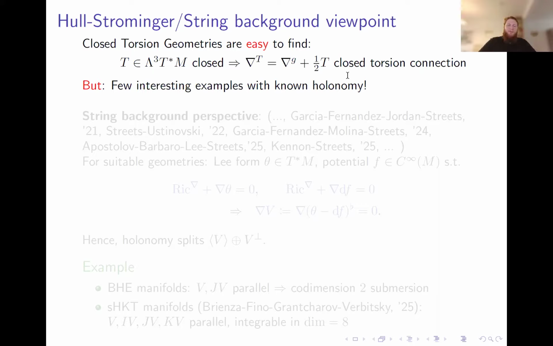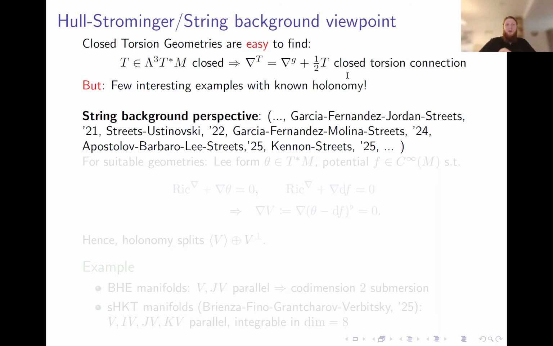And there are going to be two types of examples. The first one is what I call the string background perspective. And this is where Jeff, of course, knows a lot more than me. There has been a study of these string backgrounds, and it goes back to some physicists.